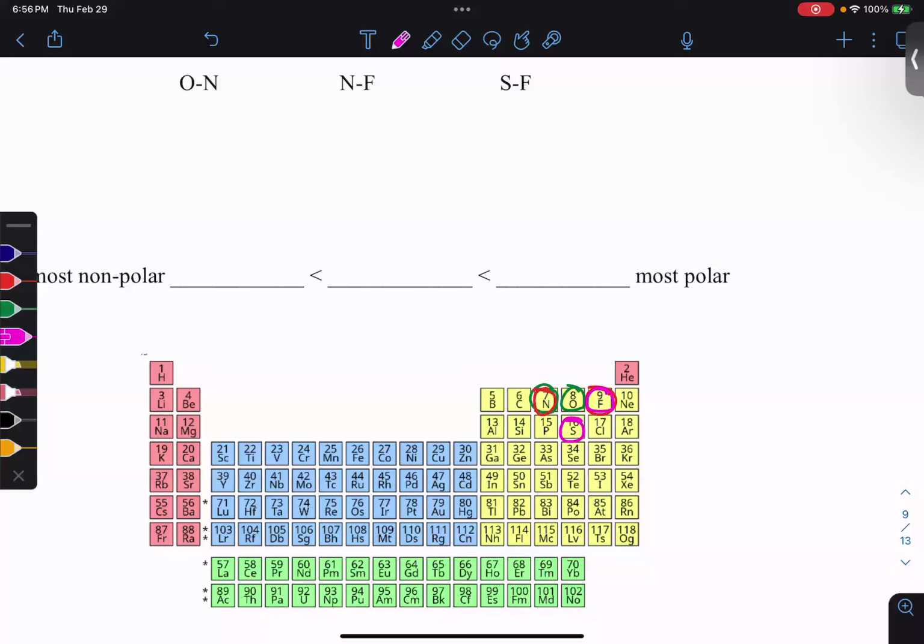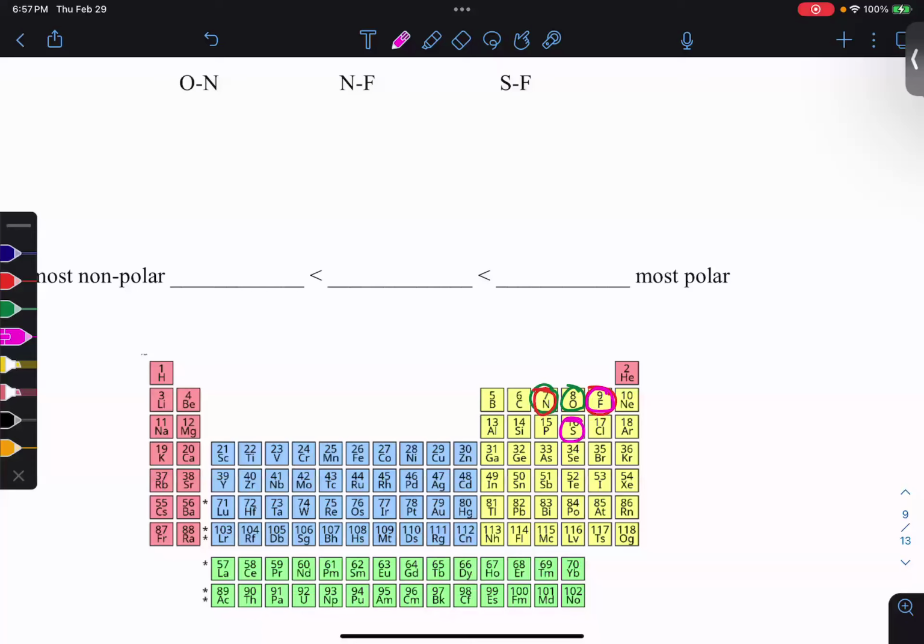So, O, N, and F. Compare those electronegativities. Those three elements, they're all part of, what do I call it? The high five. The high five, what does that mean? They all have very high electronegativities.